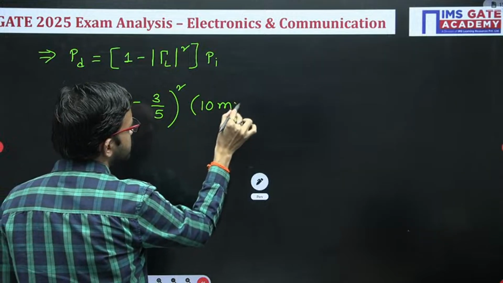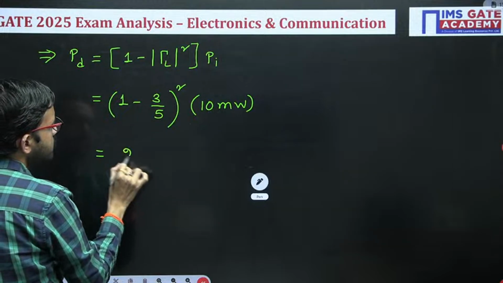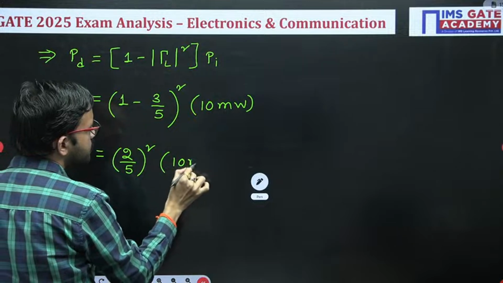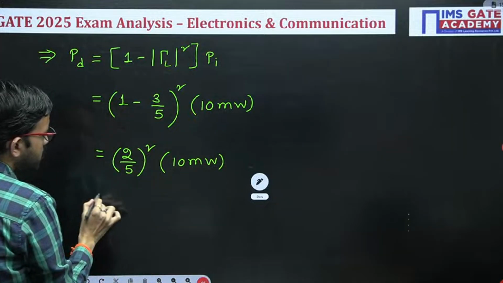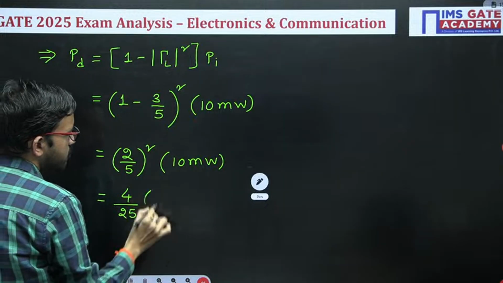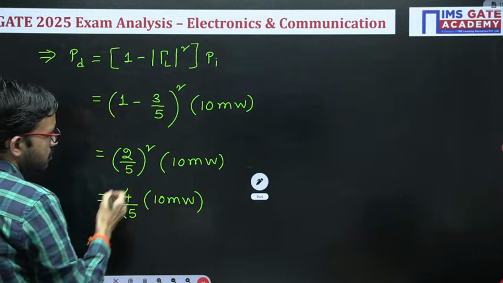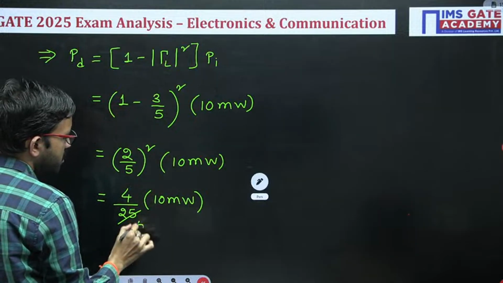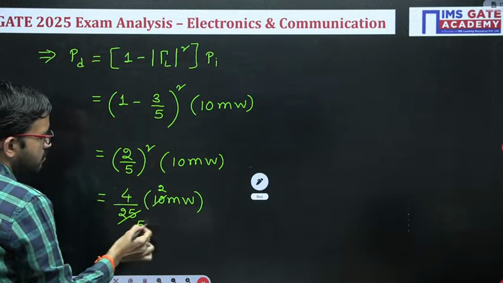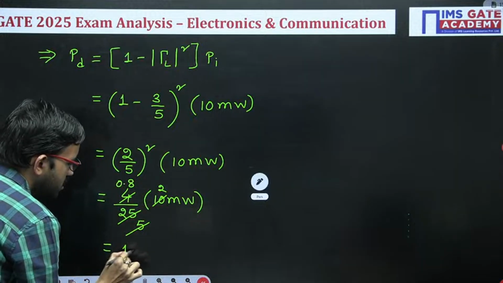Now simplification: 5 minus 3 is 2 divided by 5, whole square, into 10 milliwatt. That is 4 divided by 25 into 10 milliwatt, which gives 1.6 milliwatt.